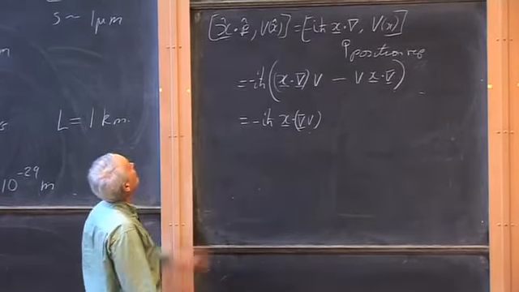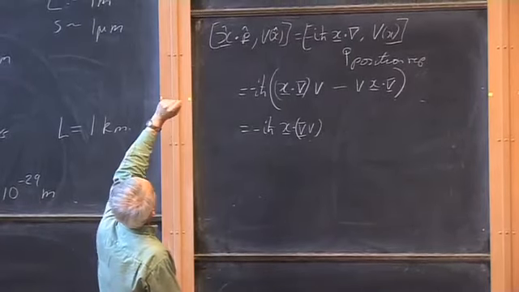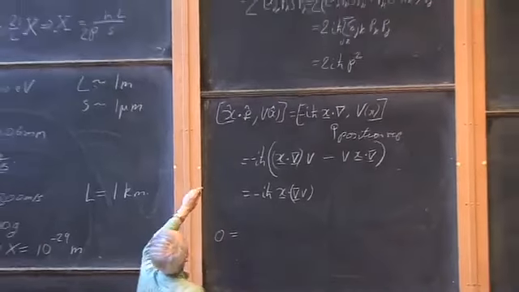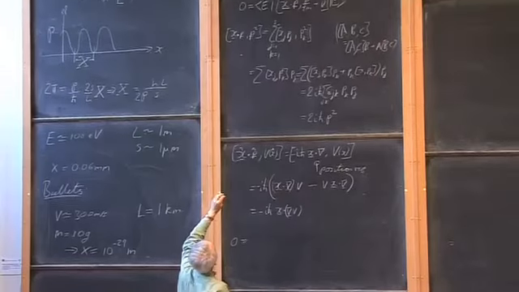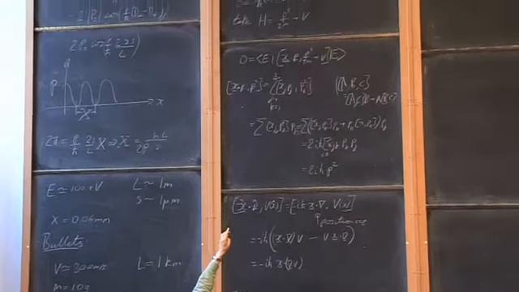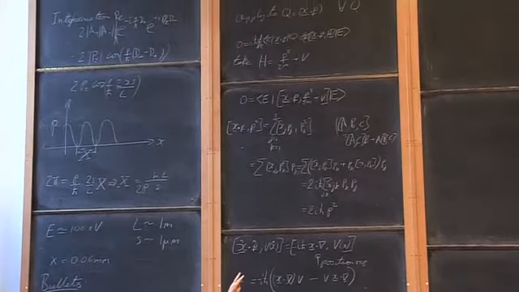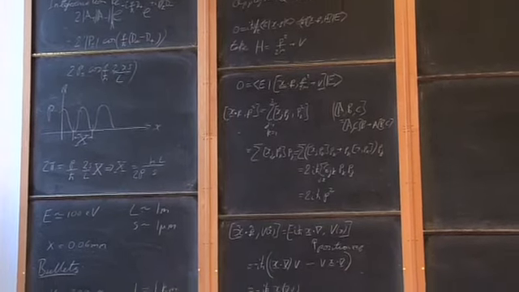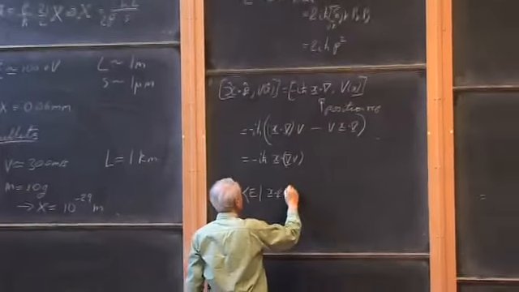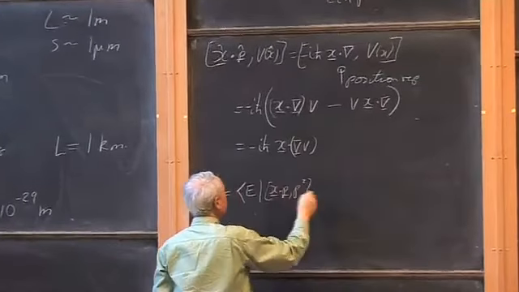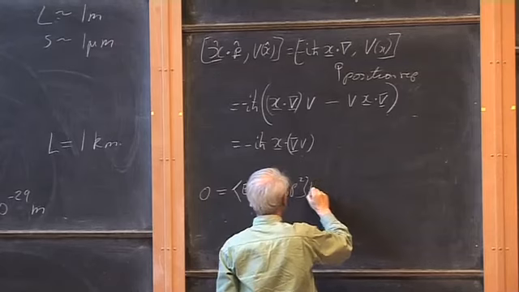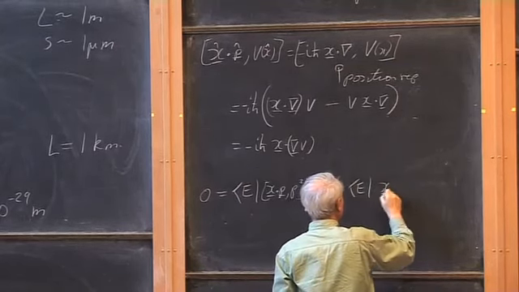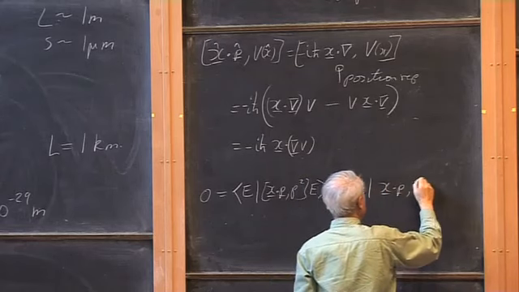So we can now put these results back into what we had up there. So what we had was naught is equal to the sum of these commutators, the expectation of x dot p comma p squared, plus the expectation of x dot p comma v.